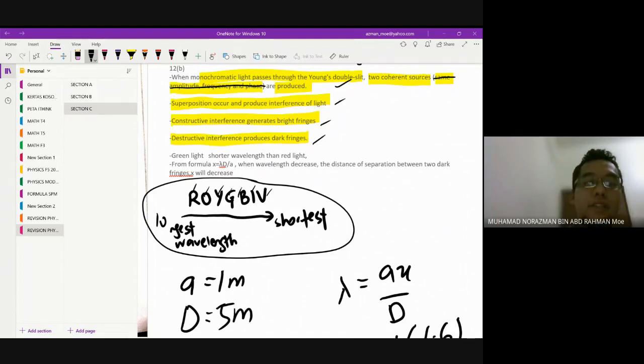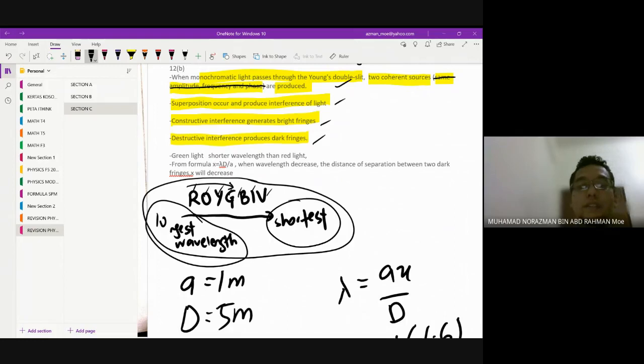If red light changes to green light, the wavelength will decrease. Remember, red has the longest wavelength, violet has the shortest wavelength. So green light has shorter wavelength than red light.